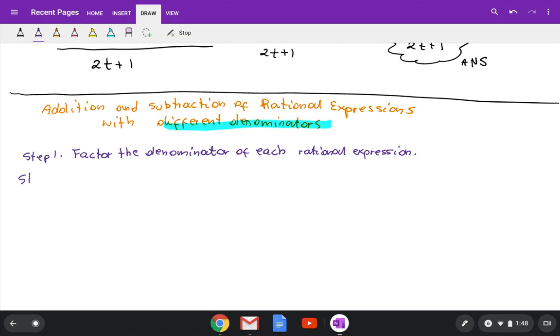Step 2. Identify the LCD. That's what we did in previous section. Least common denominator, least common divisor. Okay. Step 3.